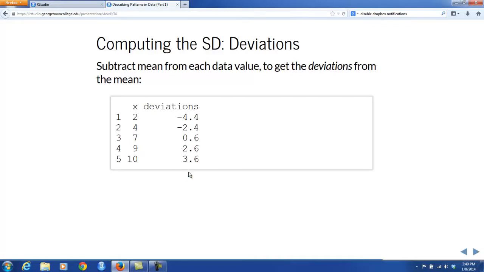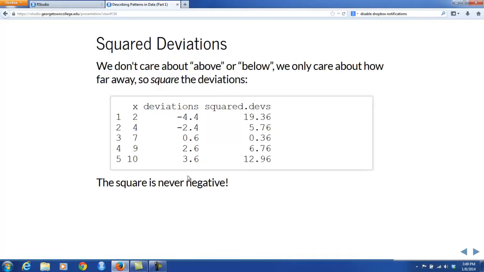Now the fact is, we care about how far a value typically is from the mean, and we don't care whether it was above or below. So what we do to get rid of the negatives is we square all of these deviations, at the cost, of course, of making some of those numbers rather larger than we would like.